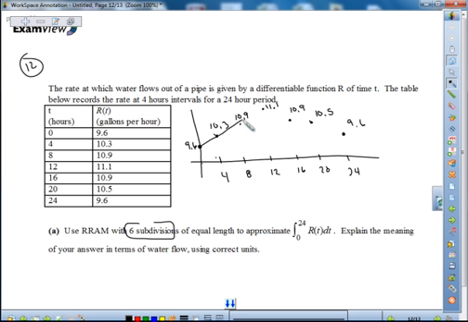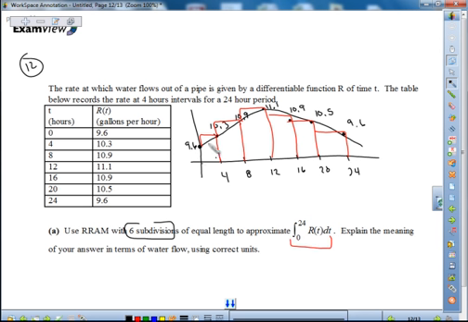So this is what my sketch would look like. So we're going to use right rectangular, so that means that the right is going to touch the graph. So this means find the area under the curve from 0 to 24.